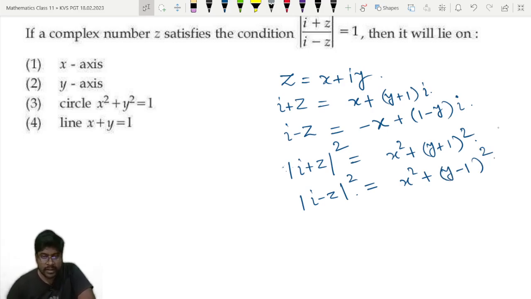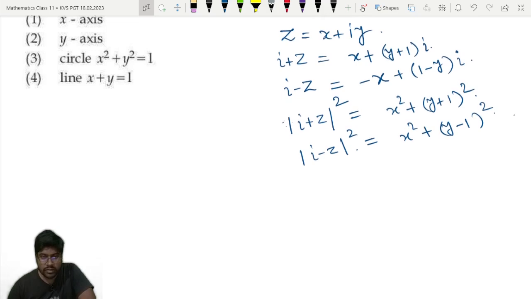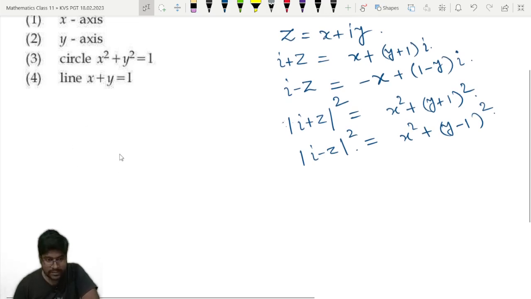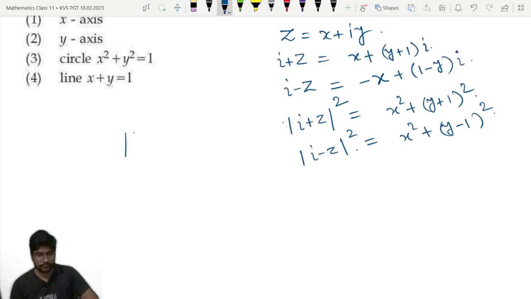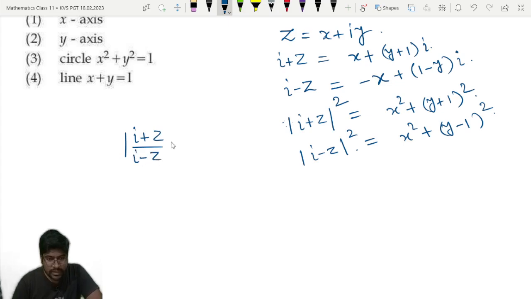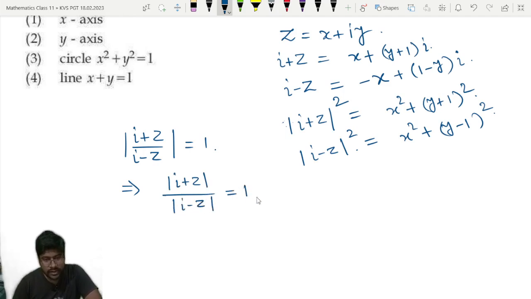Okay, now come to the given condition, that the modulus of (i + z) divided by (i − z), so that means they are telling the modulus of (i + z) divided by the modulus of (i − z) is equal to 1.